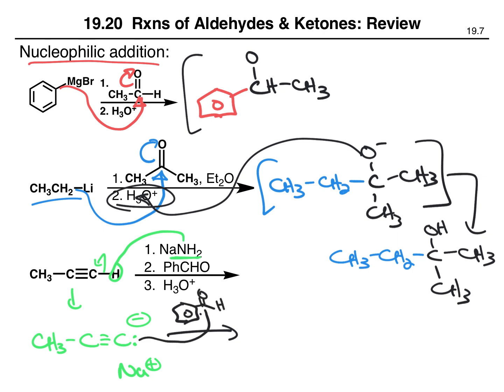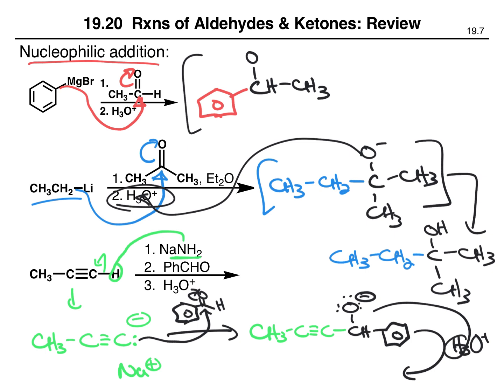This nucleophile will share its electrons, push these electrons up onto the oxygen, giving this intermediate, and then aqueous acid workup. The O- will grab off a proton, giving us this alcohol as our final product.